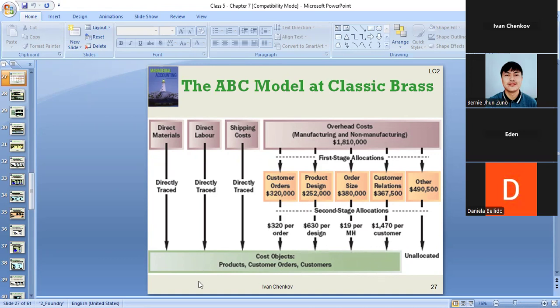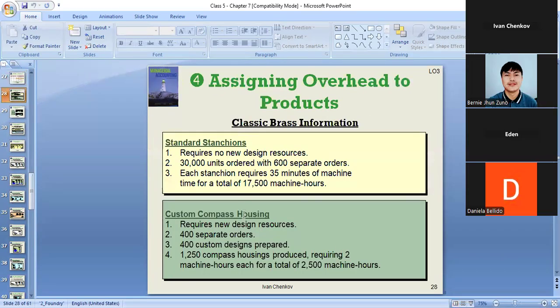Now we can start applying the cost. We're going to find out that this company has two divisions. One division dealing with standard sanctions. The second division dealing with the custom compass housing.